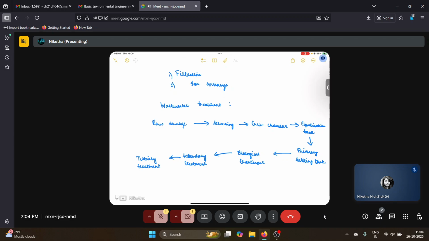In this whole process, the pre-treatment stage covers the processes of screening, grit chamber and equalization tank. Together, these three processes constitute the pre-treatment step. And then the primary settling tank comes under the primary treatment.